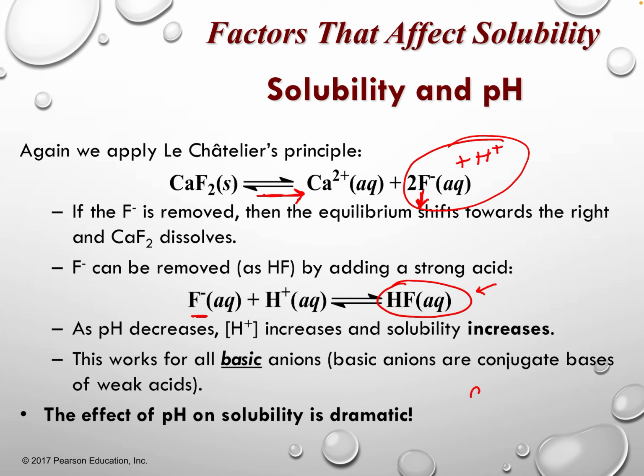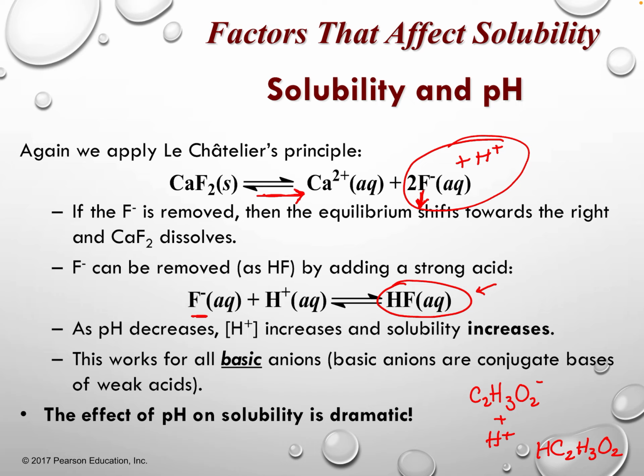Let's say you saw acetate, right? If you saw acetate in there and you added a bunch of H+, then we would be making acetic acid, which we would recognize as a weak acid. So this is another one where, say you had something you were trying to dissolve with acetate. It's kind of a bad example because most things with acetate are really soluble anyhow.